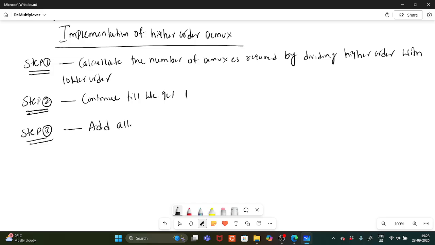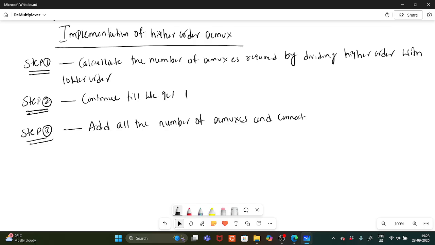Suppose I want to implement a 1 cross 4 demux using 1 cross 2 demux.